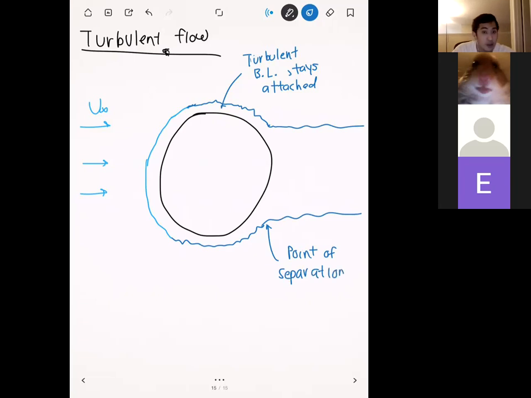And then that point of separation happens at a larger angle. Of course, this angle differs case to case, but approximately it's going to be at 140 degrees. And so what we have here is that the presence of turbulence will delay boundary layer separation.